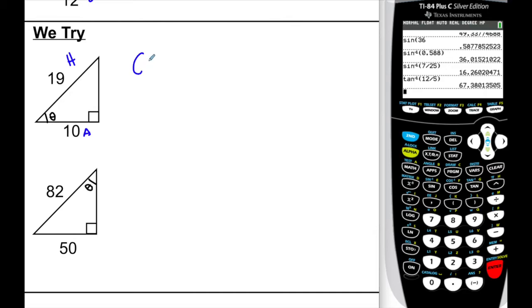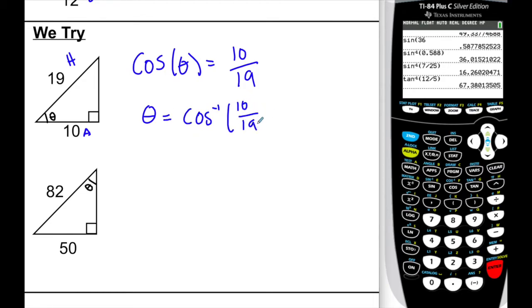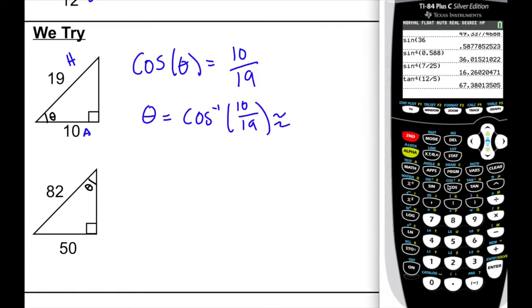I'm going to target the cosine relationship, because I know that cosine of theta is equal to 10 over 19. Remember, theta is our angle, which means that theta itself is equal to the inverse cosine of 10 over 19. Which is approximately equal to, let's see, cosine inverse, so second cosine, 10 out of 19.